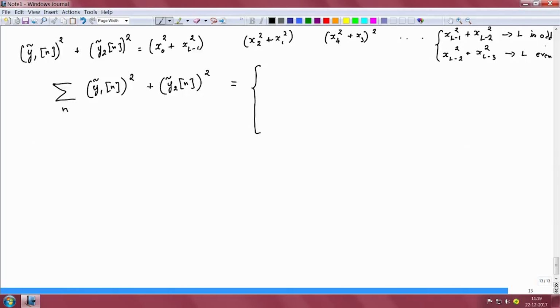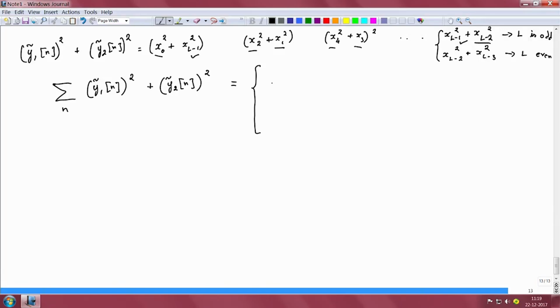If we look at the L odd case, x0 appears only once, x1 appears once, x2, x3 and x4 each appear only once, x L minus 2 also appears once. However, x L minus 1 appears twice.